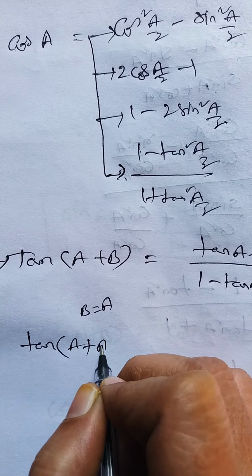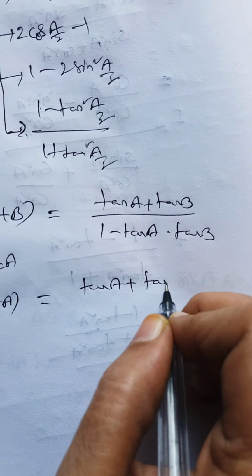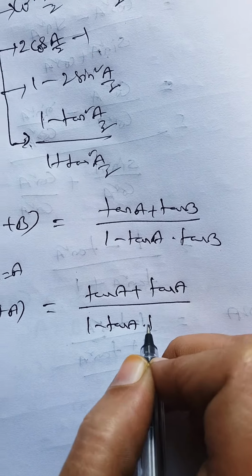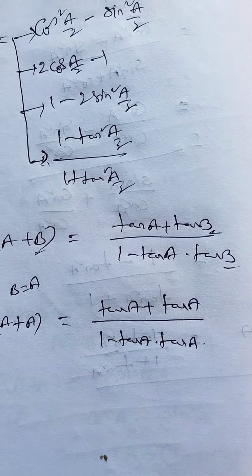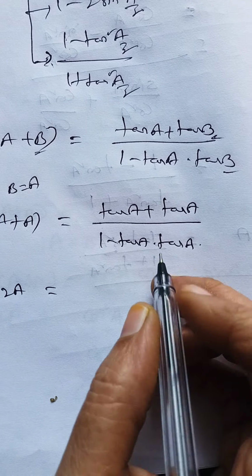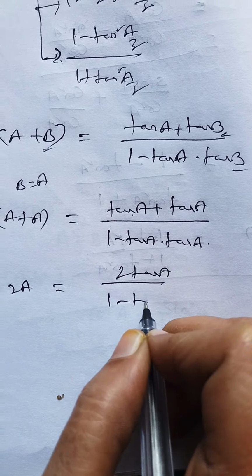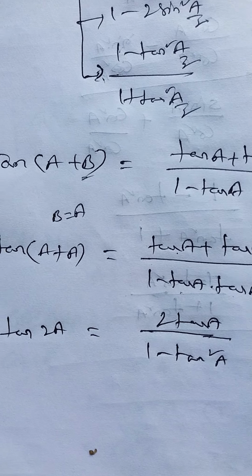We will get tan of a plus a is equal to tan a plus tan a divided by 1 minus tan a into tan a. Wherever b is there, replace with a. Now I will get here tan 2a is equal to tan a plus tan a is 2 tan a divided by 1 minus tan a into tan a is tan square a. This is tan 2a value.